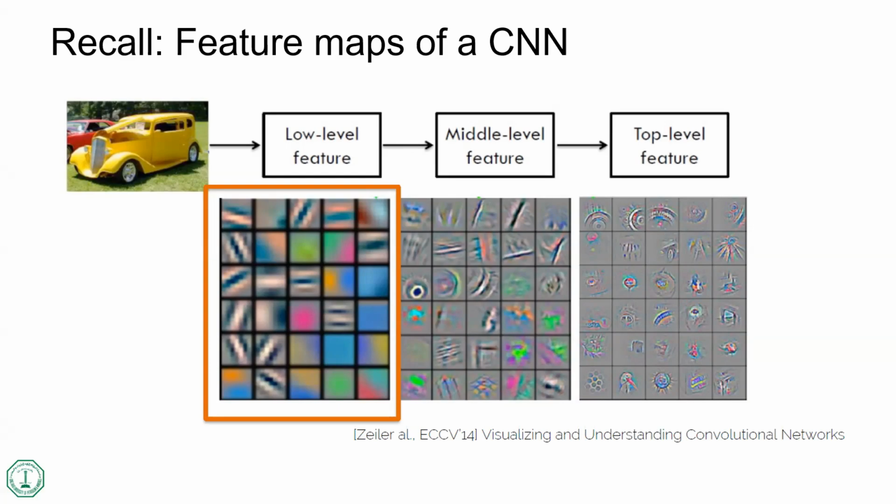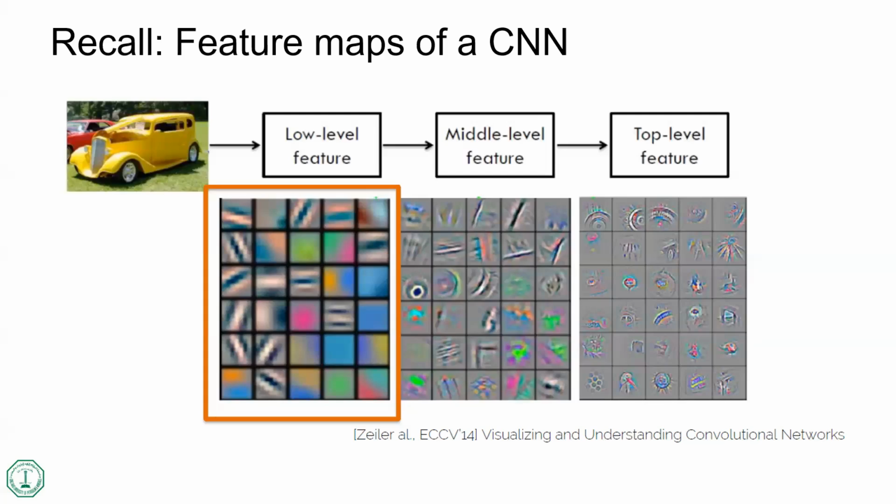And you see that the low-level features learn abstract features. When you go to the middle-level features, they get more into something that we can associate. When you go to the top-level features, you start really learning about objects. For example, in the lower row, you see it's starting to learn something like the beak of a bird.